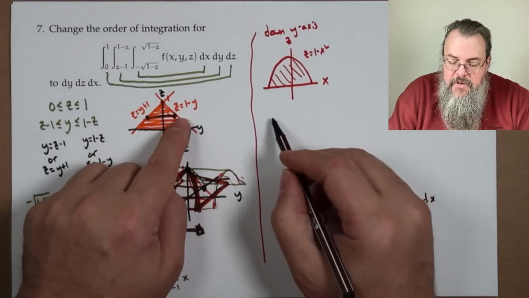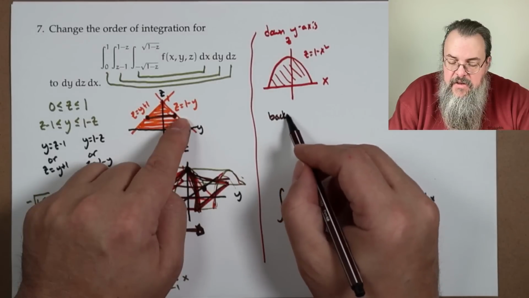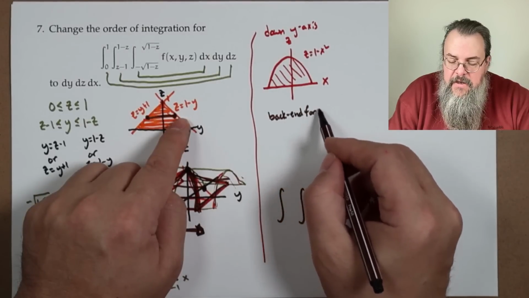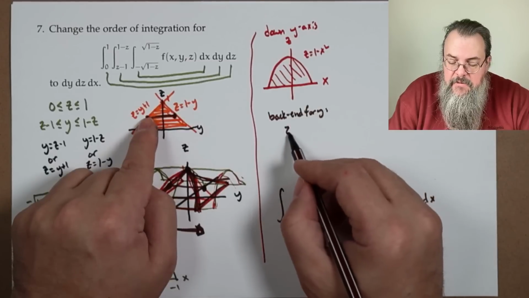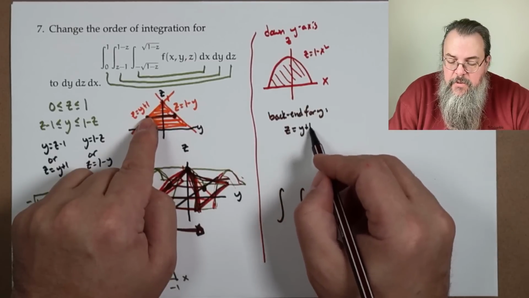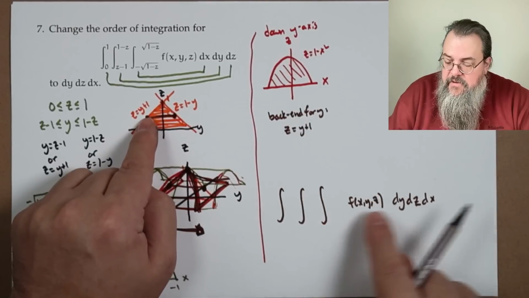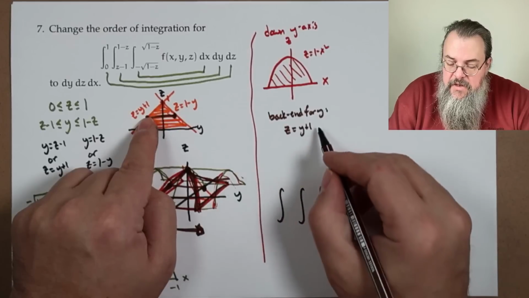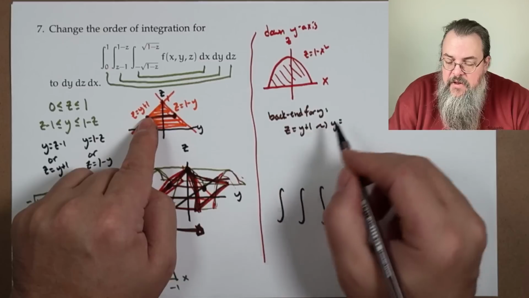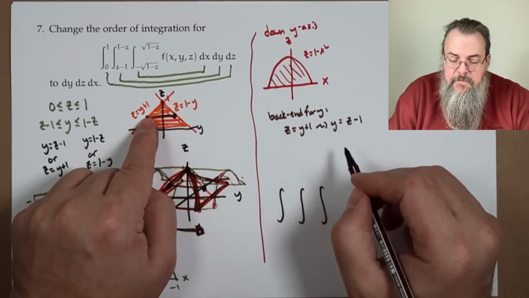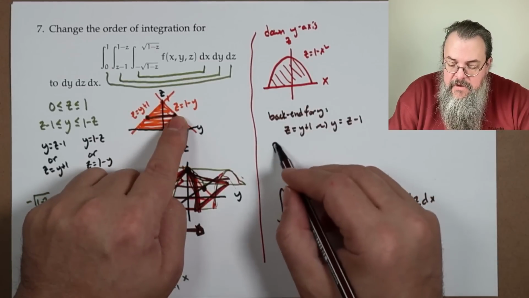We're going to go from the back end for y. That's going to be the plane z equals y plus 1. So I need to solve for y, because I need y equals. That becomes y equals z minus 1, to the front face.